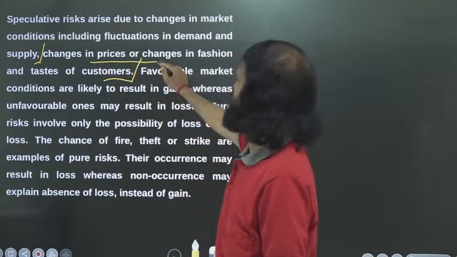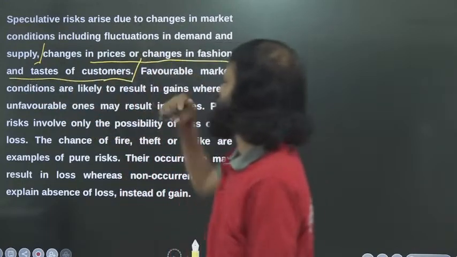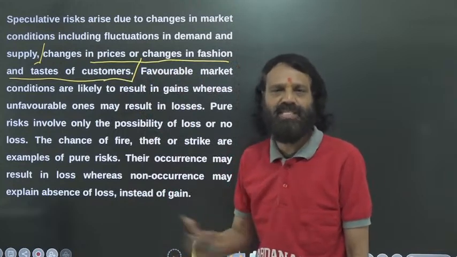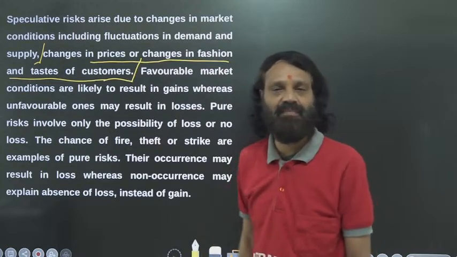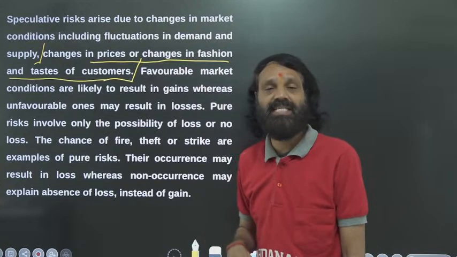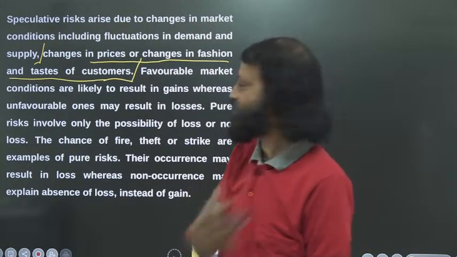You know that fashion, taste, preferences, season, price, and availability of substitutes can decide the market's demand and supply.